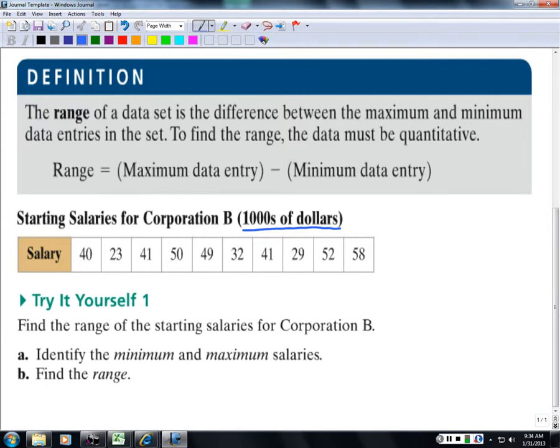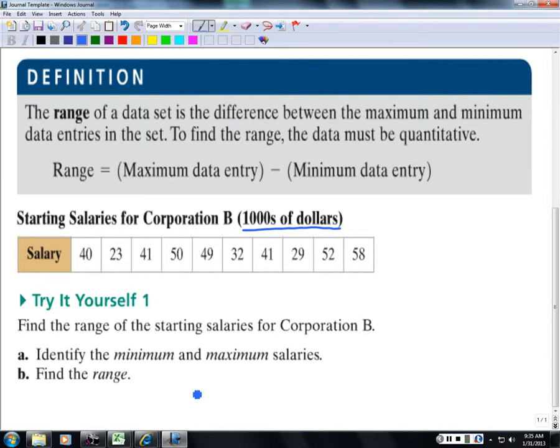I don't have all these trailing zeros to deal with. So if I maintain a multiple here, like in this case thousands of dollars, I don't have to write out 40,000, 23,000, and so forth. And what does that do for me? Well, number one, my data table is a whole lot more concise than it would be if I had to write each one of these as a multiple of 10.